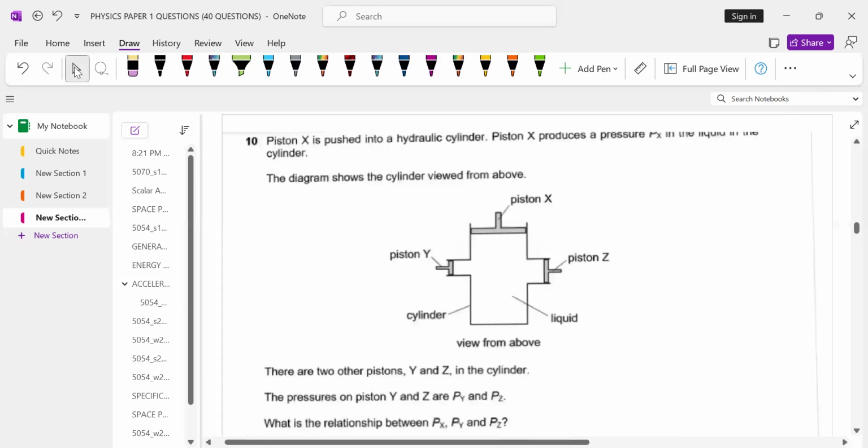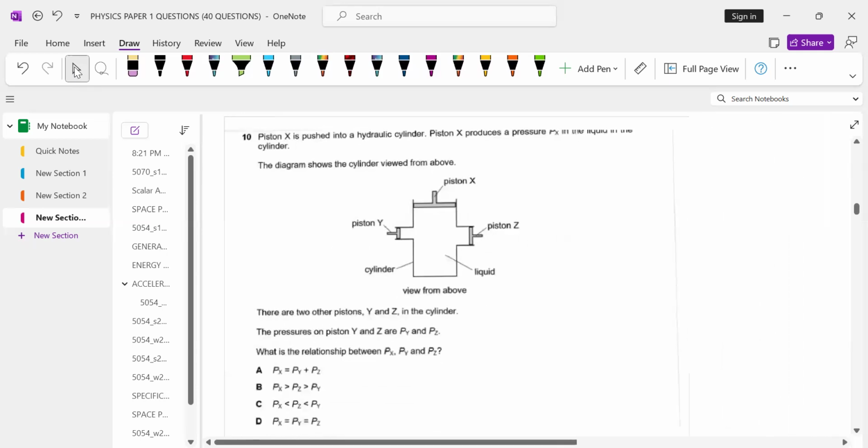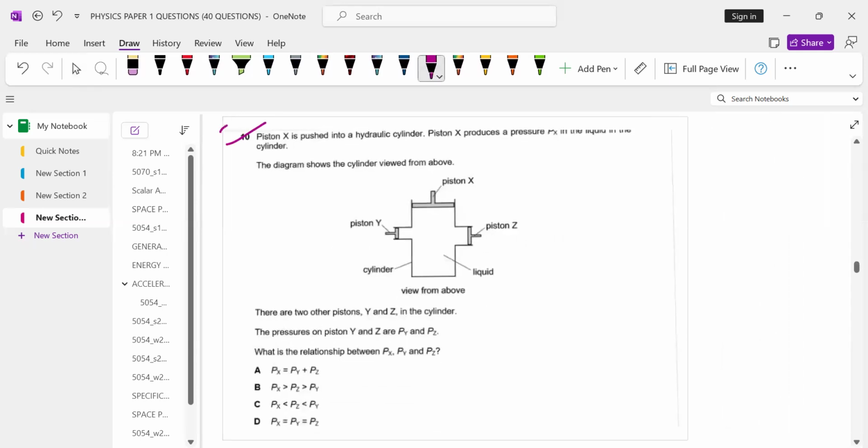This is question number 28. Let me zoom it out. Let's read out the question. Piston X is pushed into a hydraulic cylinder. Piston X produces pressure Px in the liquid of the cylinder. The diagram shows the cylinder. There are two other pistons Y and Z. The pressures on pistons Y and Z are Py and Pz.